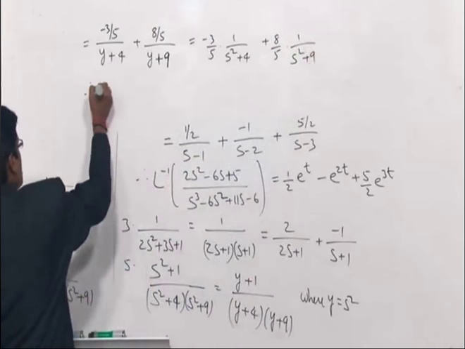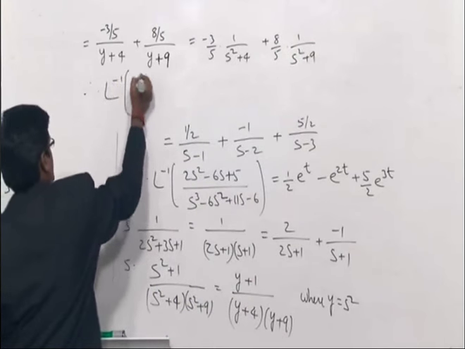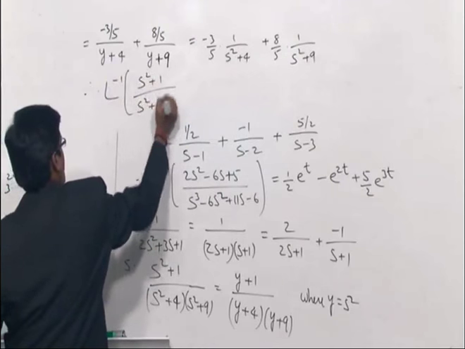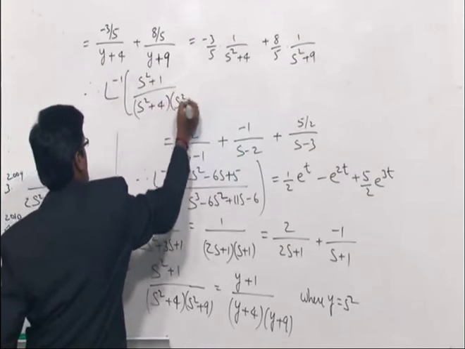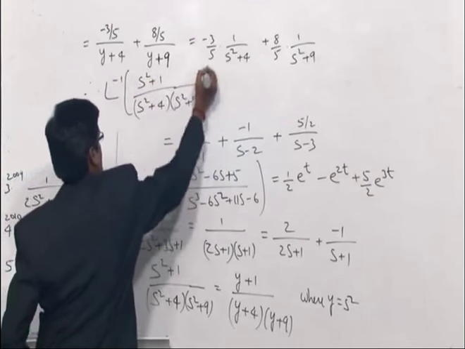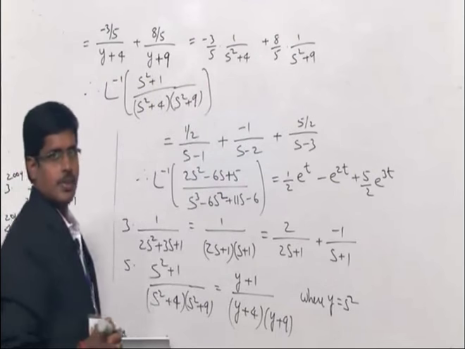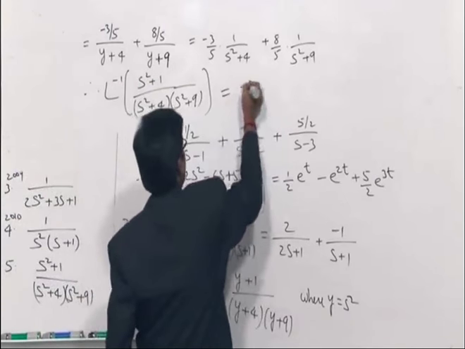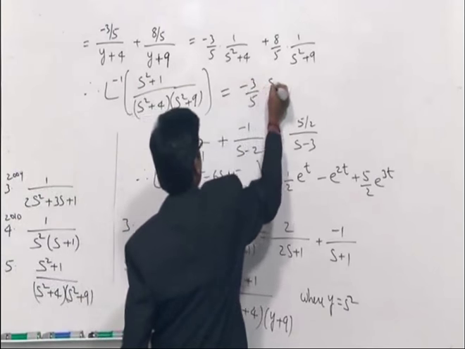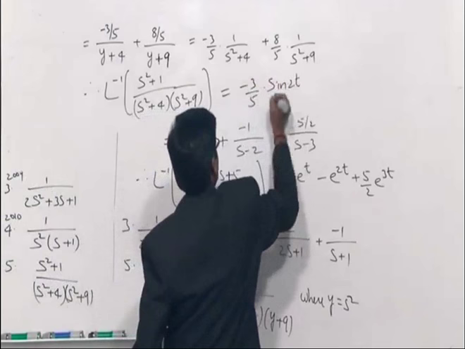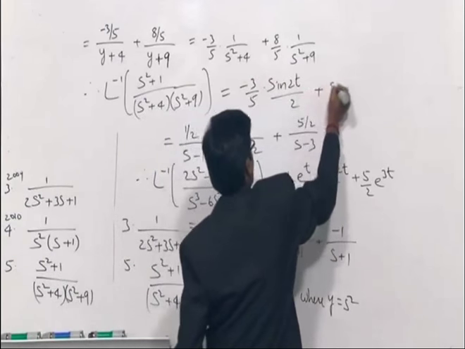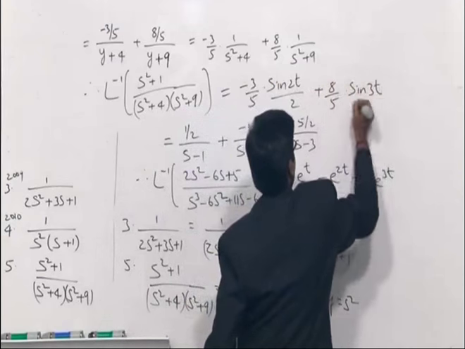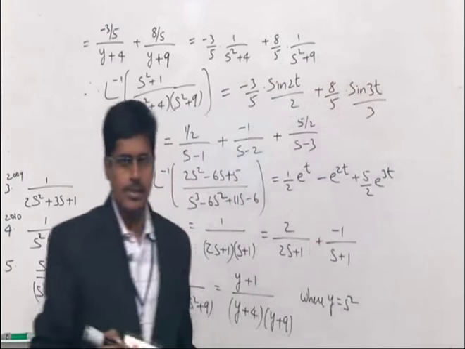So therefore L inverse of s square plus 1 over s square plus 4 into s square plus 9 is equal to minus 3 by 5 sin 2t by 2 plus 8 by 5 sin 3t by 3. This is the answer.